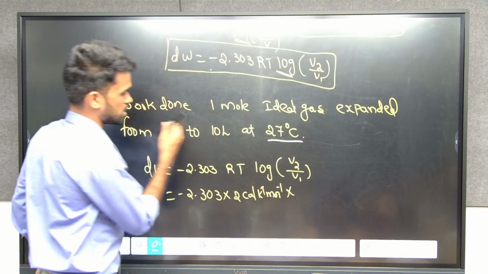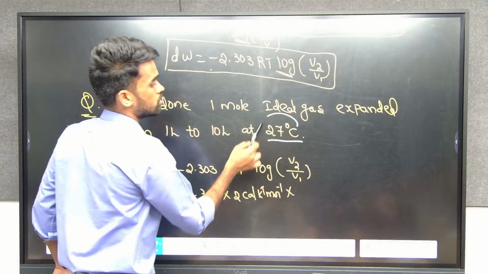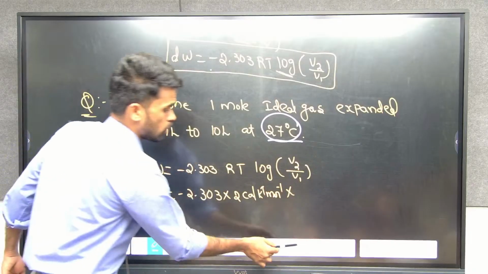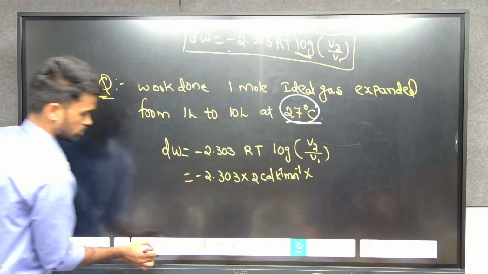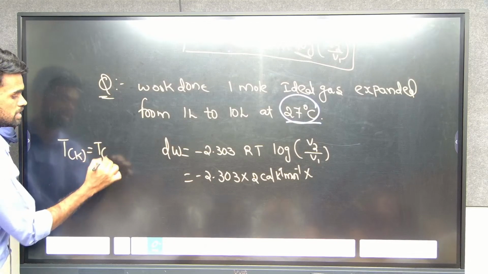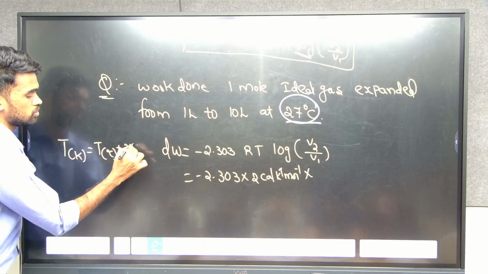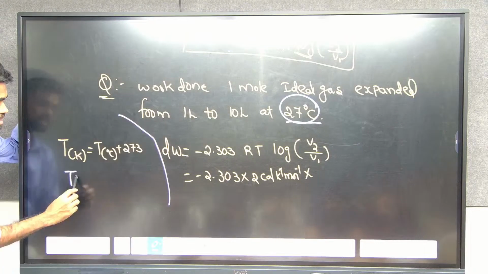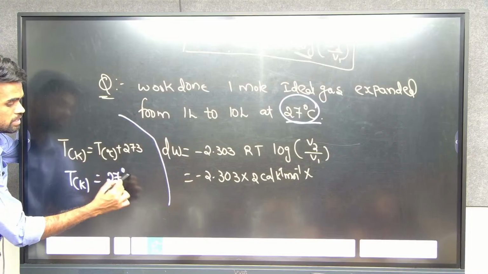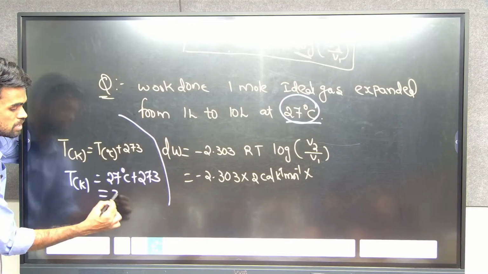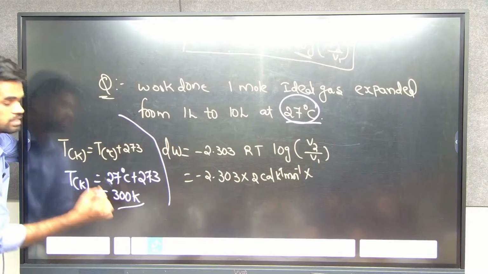What is the temperature mentioned? You don't take 27, convert into Kelvin. Temperature in Kelvin equals temperature in degree Celsius plus 273. So 27 degrees Celsius can be written as 300 Kelvin.